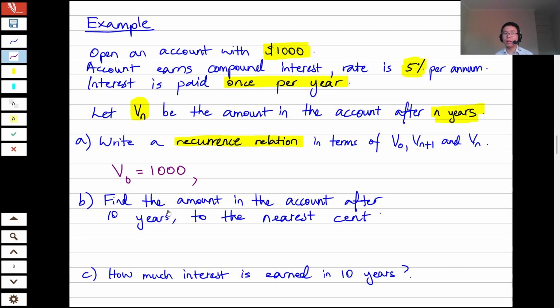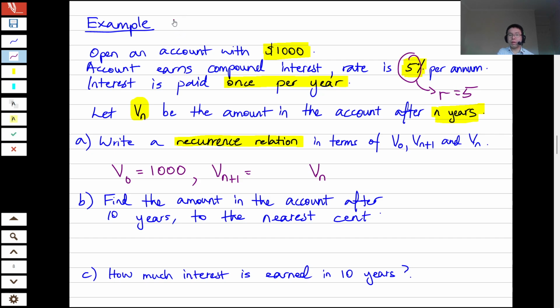Next, we need to define a geometric sequence with a common ratio, capital R. So I know that Vn plus 1 is going to be some number times Vn. But what number should I use? Well, the annual interest rate is 5%, so I can write lowercase r equals 5.